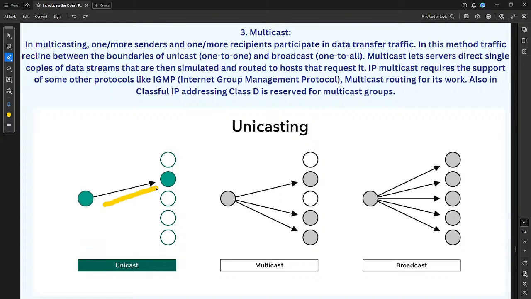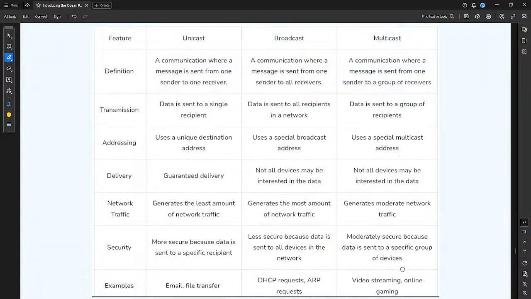You can see a multicast here. A multicast is different from a broadcast. This means we're selective of who gets the message, but a broadcast gives it to everybody, and we looked at the advantages and disadvantages of such.